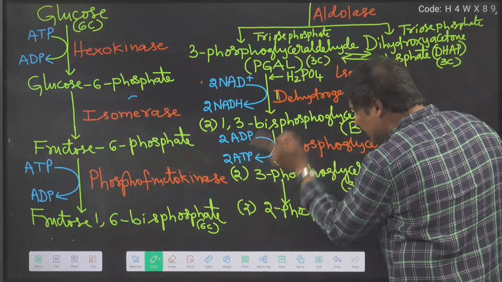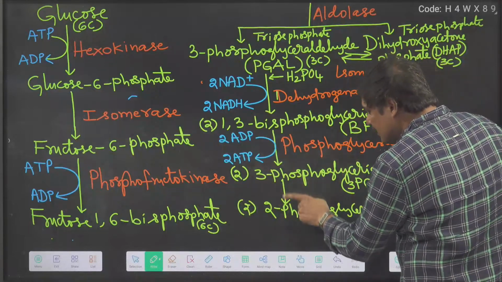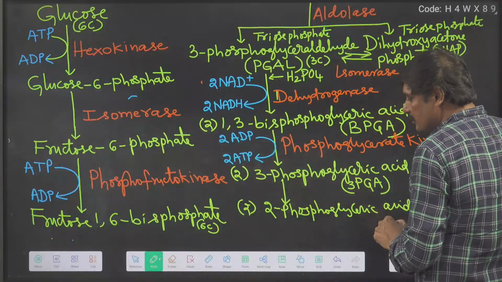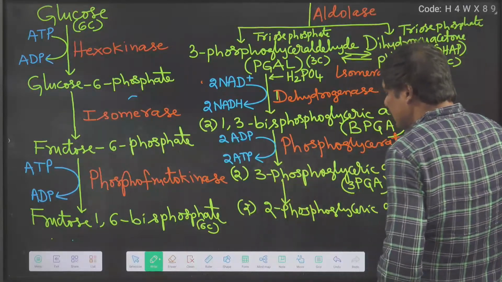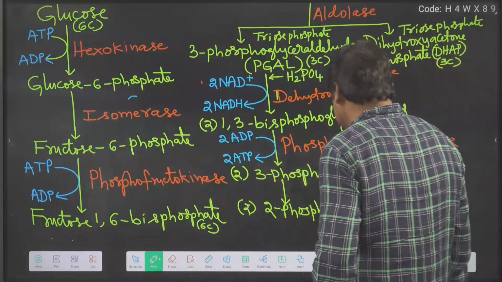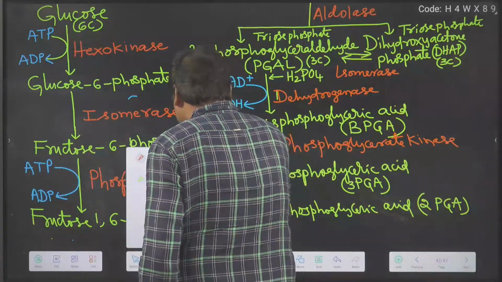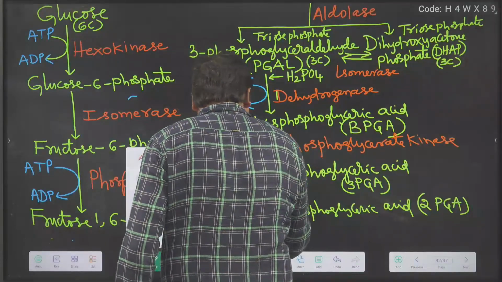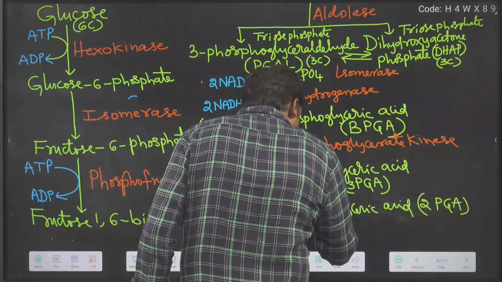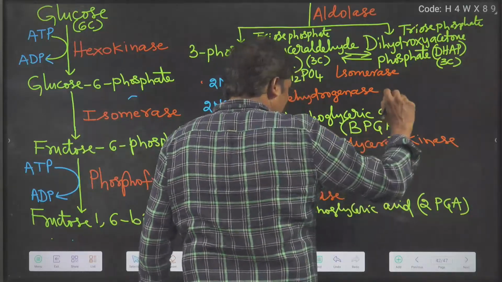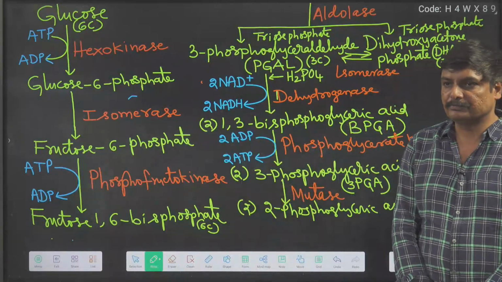Now that is shifted from third carbon to second carbon. This is called intramolecular shift. Because of that, the positions of phosphates are changed. This reaction is catalyzed by an enzyme called phosphoglyceromutase. I am writing the shortcut name mutase.